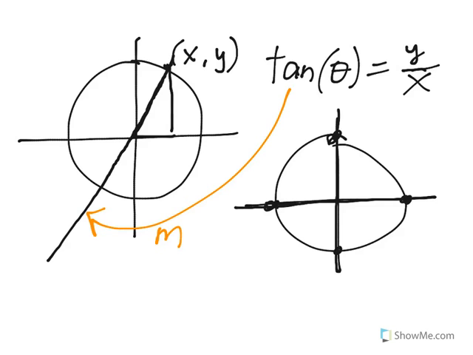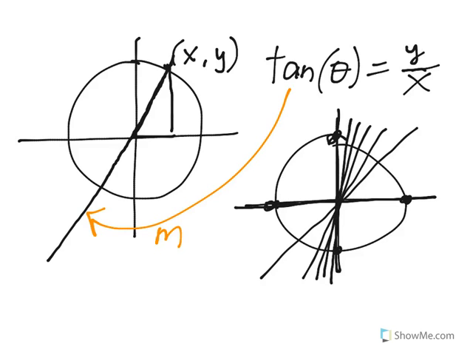So what happens in between? Well, it can be 1, and it can be as big a number as you want. The bigger I go in slope, the larger the tangent value, and you can get an almost vertical line that can have a slope as large as you want.